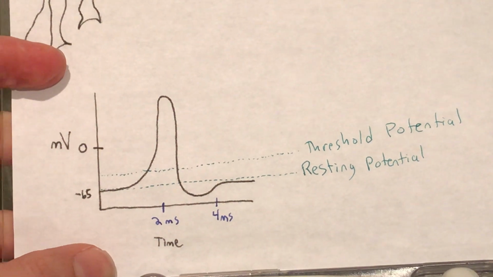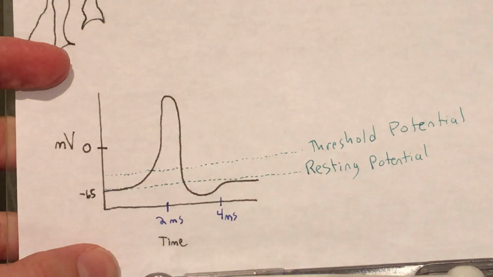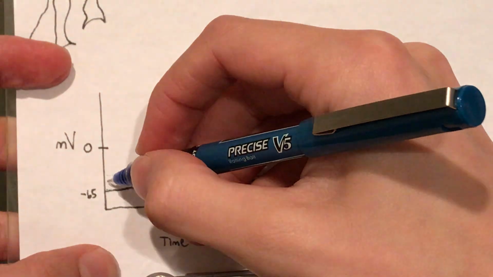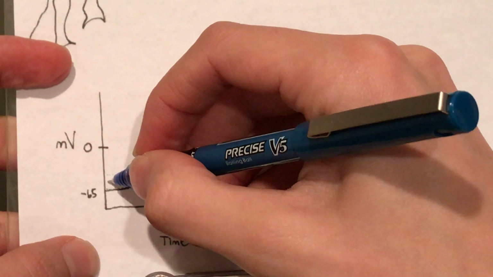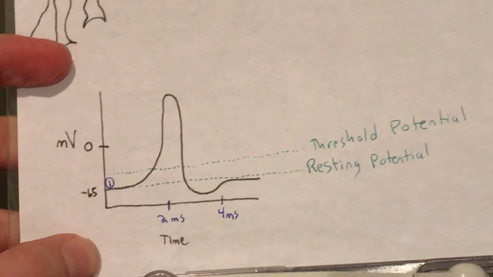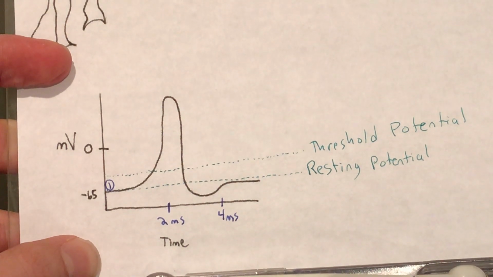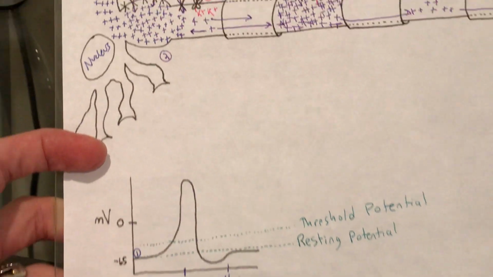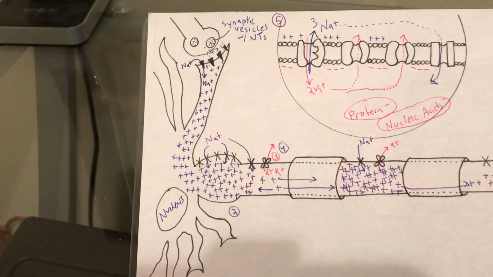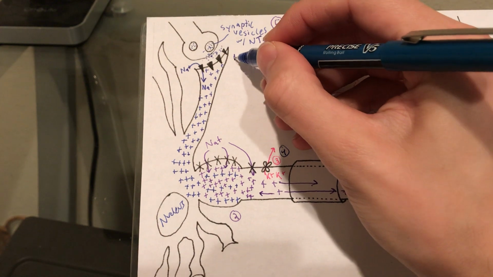Our step 1 was right in the beginning, when we had those synaptic vesicles. Which I realized we never really technically labeled on the diagram, so I apologize. Let's just add it there. Step 1 was up here.